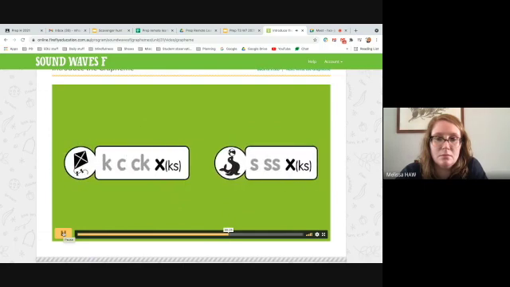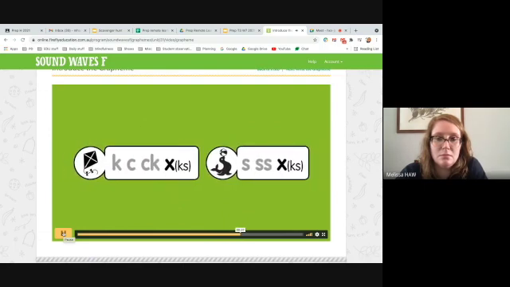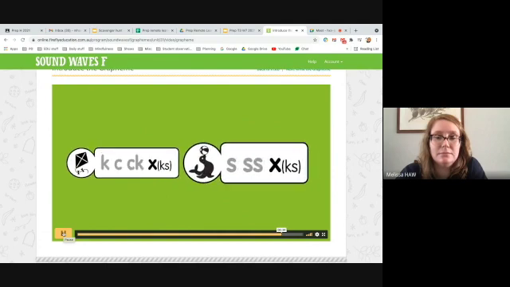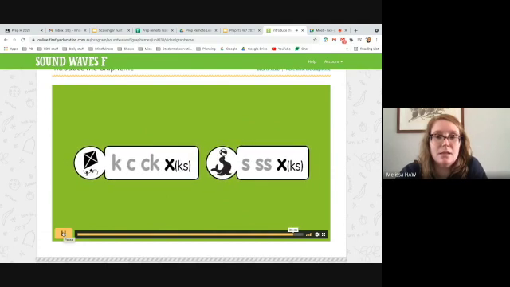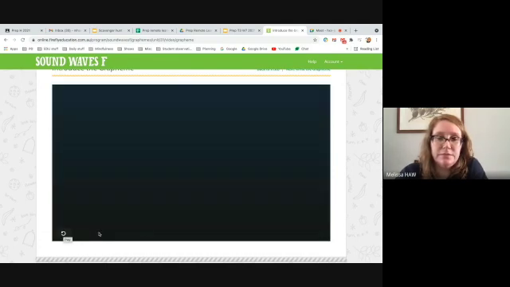We keep the letter X next to the kite and the seal. When you see the letter X, say k, s. Very good.